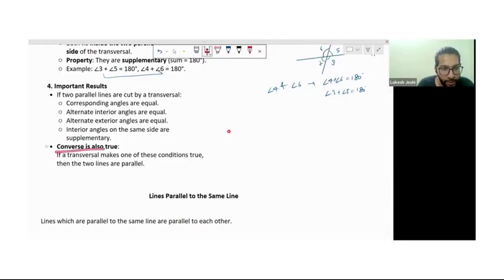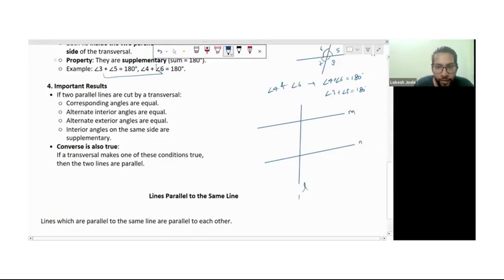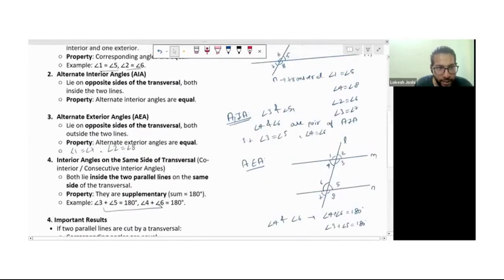Now the converse statement. If a transversal makes any of these conditions true, then the two lines are parallel, which means if we are given two lines, this one is M, this one is N, and this is the transversal L. We don't know M is parallel to N. Okay, there is no such data.